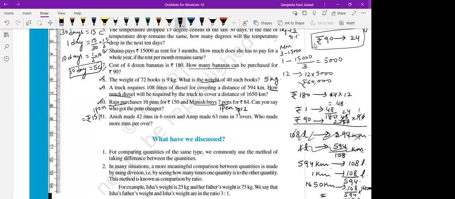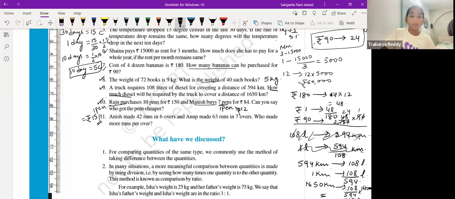Let's move to the next question. Trilokya, read the next question. Okay, ma'am. Anish made 42 runs in 6 overs and Anup made 63 runs in 7 overs. Who made more runs per over?